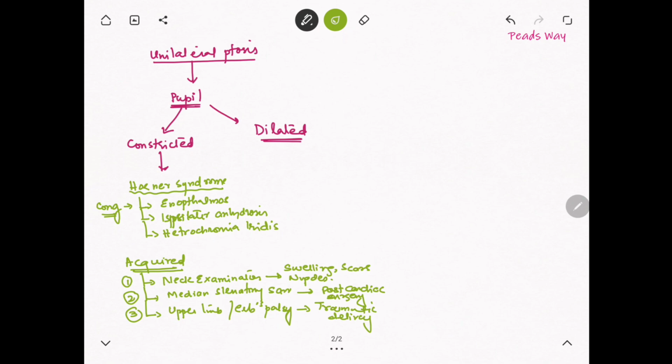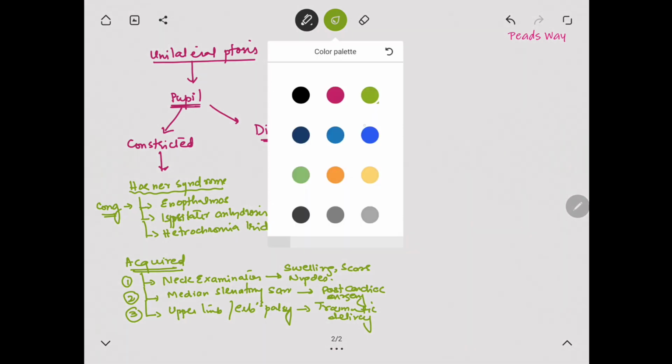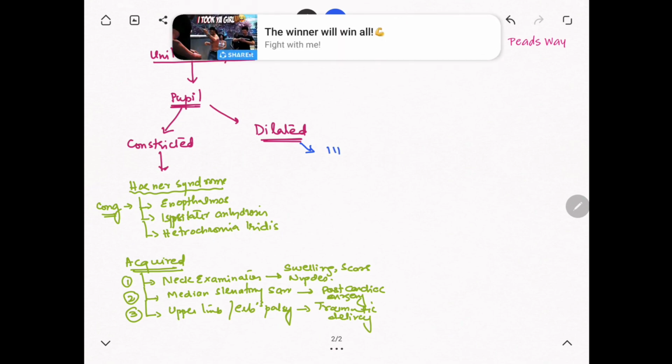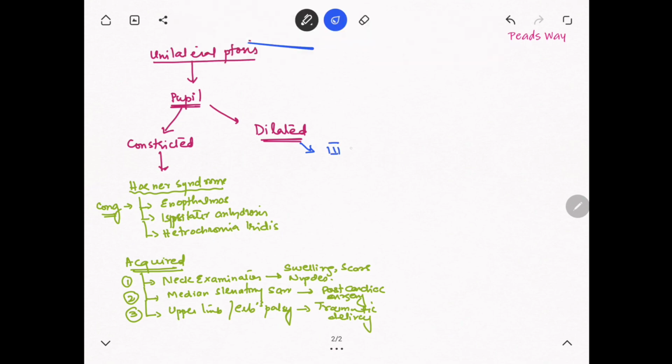Now, number two, you find that ptosis is unilateral and the pupil is dilated. So you need to look for third nerve palsy.